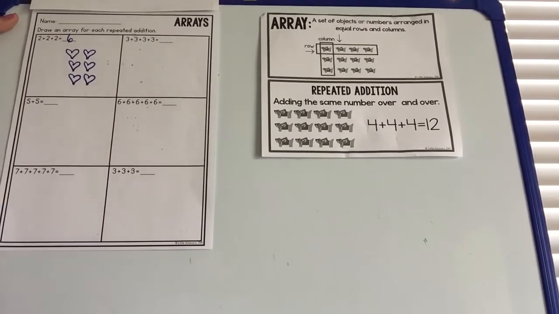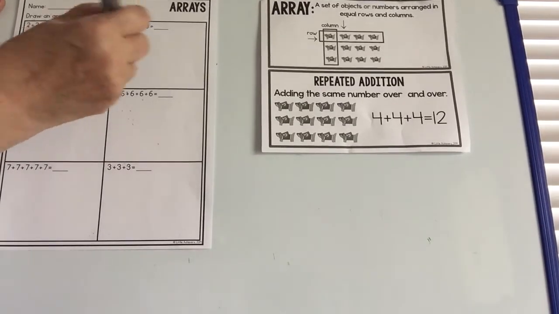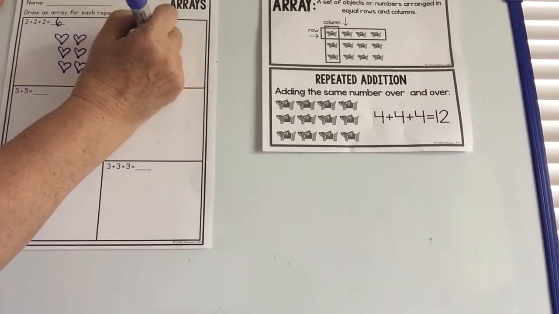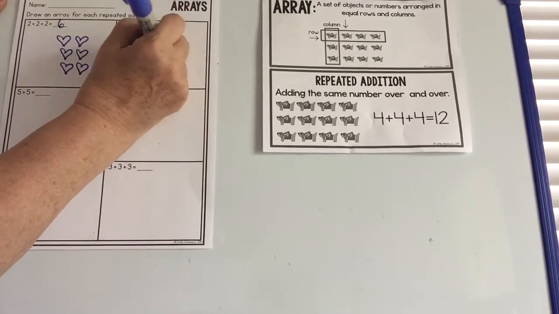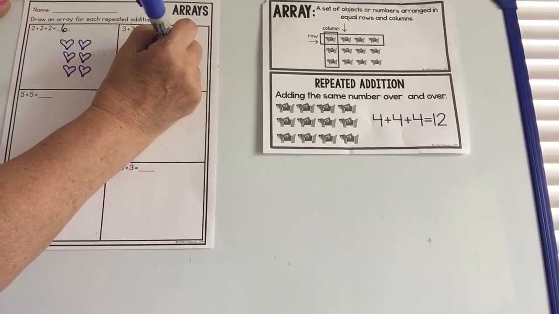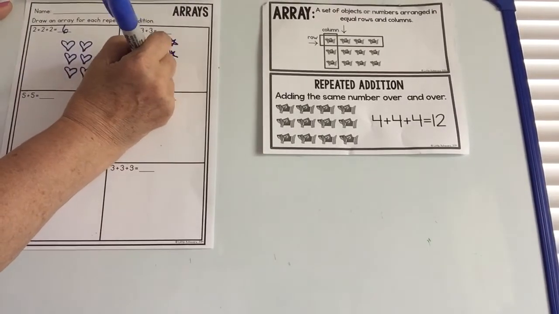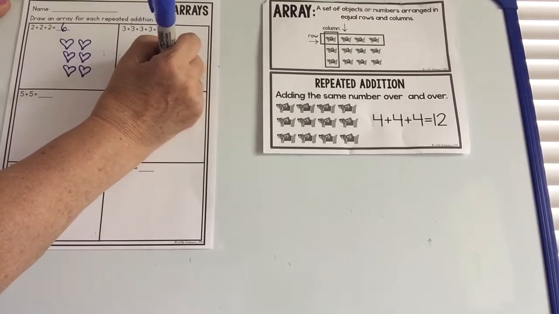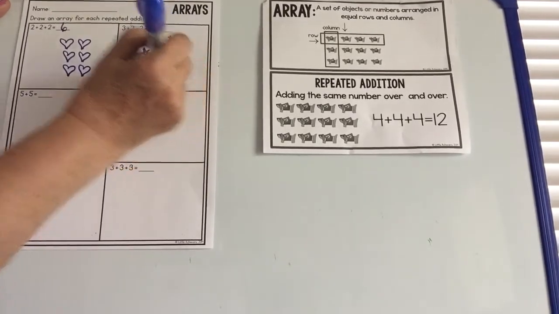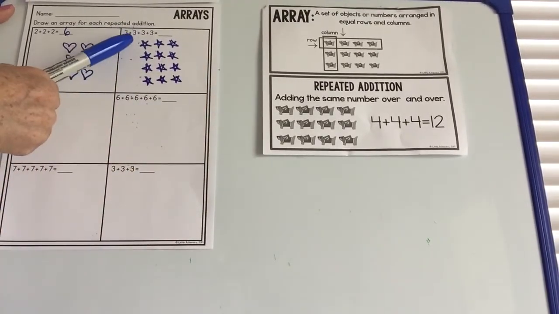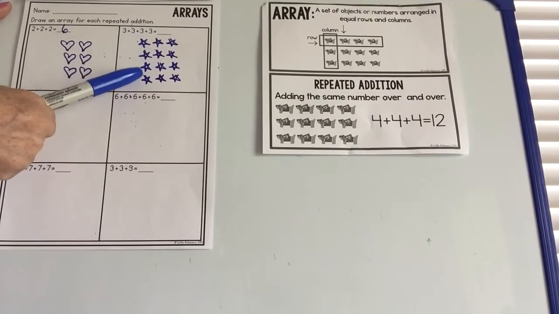Let's try 3 plus 3 plus 3 plus 3. Well, I'm going to try this. Stars. 3. There's 3 more. I have to do a few more rows. There we go. So how many rows do I have? 1, 2, 3, 4.